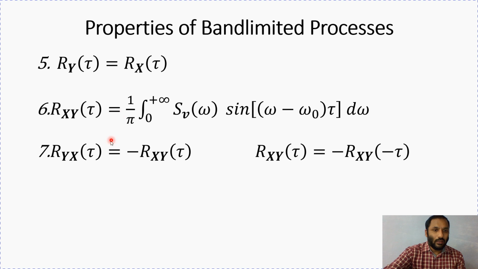But now the cross correlation function, that is Ryx. Here the sequence is inverted. Normally, when this happens, the cross correlation function should be Rxy of minus tau. But because of this property, you can see that the outcome is this one, that the cross correlation function is actually an odd function.